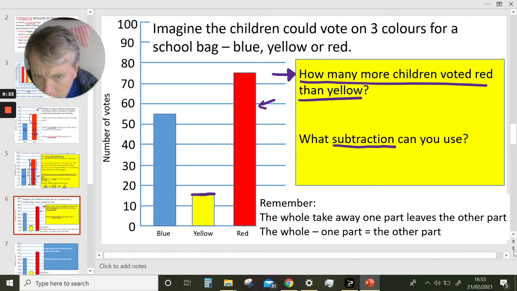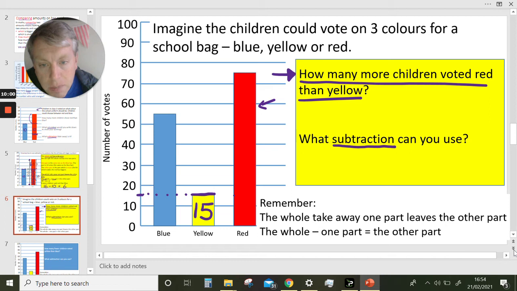Well, if I read that across carefully, 15. They're halfway between 10 and 20 here. 15 people said yellow.